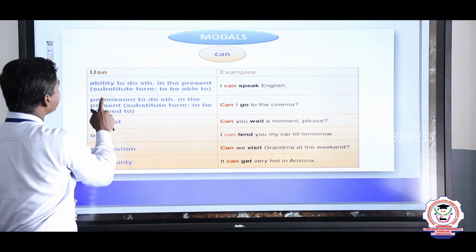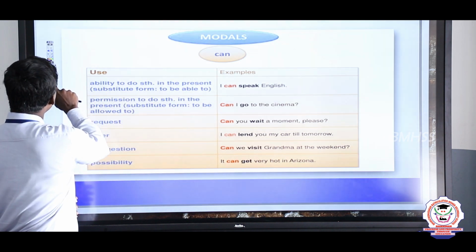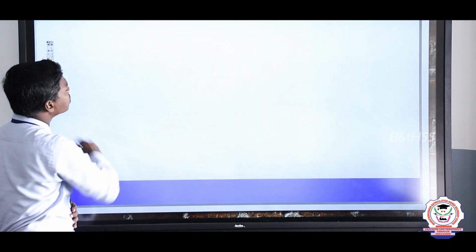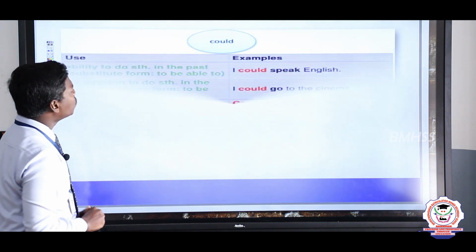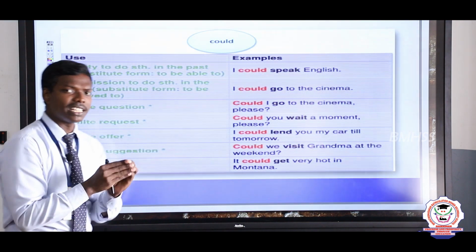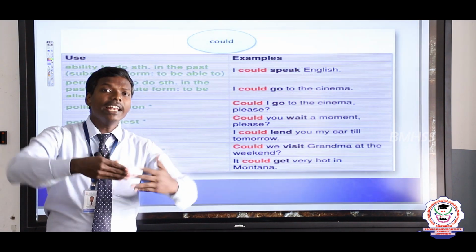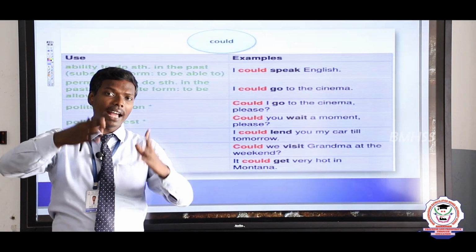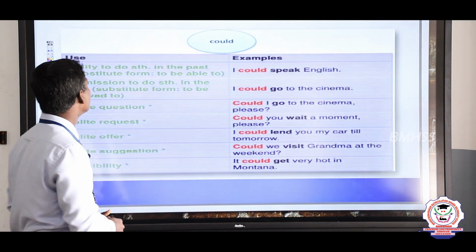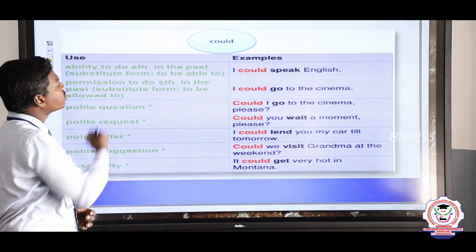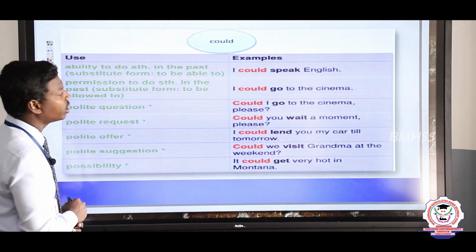We have seen can, and now let's move to the next part, that is could. If the same thing is applied in the past tense, or to an action which happened in the past, we use could. For example, for the ability to do something in the past, we use it as a substitute for to be able to.